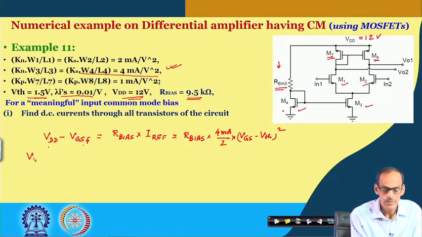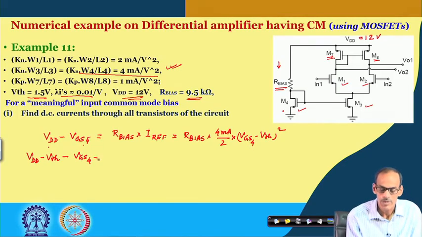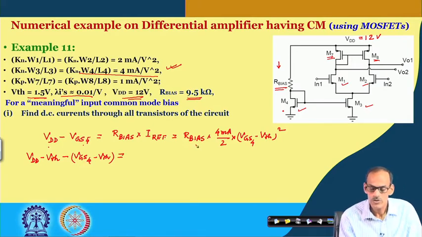So, we can say VDD minus VTH minus VGS 4 minus VTH equals, we do have 9 here, 9.5 here, and then 2 here.